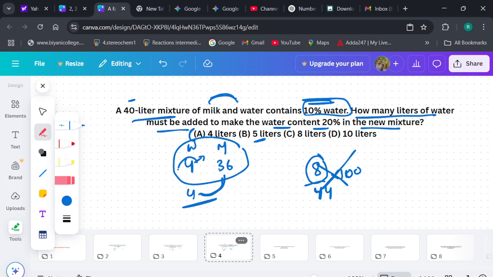If I add 5 liters, water will become 9 liters, and overall the mixture will become 45 liters, because for 40 I added 5. Into 100, in terms of percentage, how much is it? It is 20 percent.